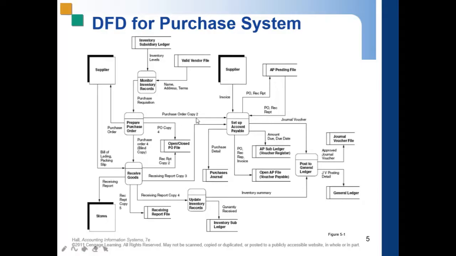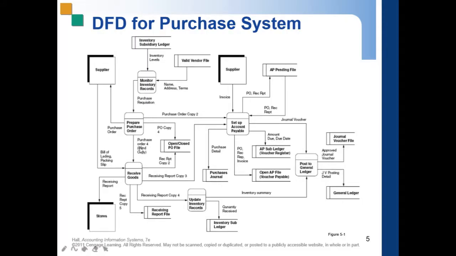So you have here purchase order copy number 2 is sent to the one setting up the accounts payable. Another copy, or a blind copy, is sent to the receive goods function. So here, purchase order copy.